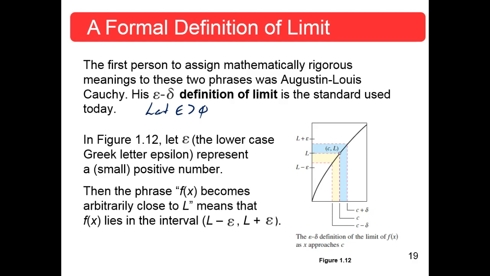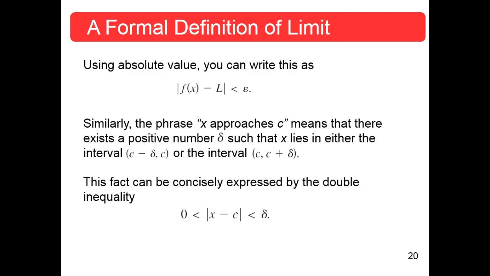So one way to say arbitrarily close is this: the absolute value of the difference between f of x and L has to be less than that epsilon. Why absolute value? We said epsilon was positive, right? If you didn't use an absolute value and f of x was 0 and L was minus 4 million, that would be less than epsilon because 0 minus 4 million is certainly less.